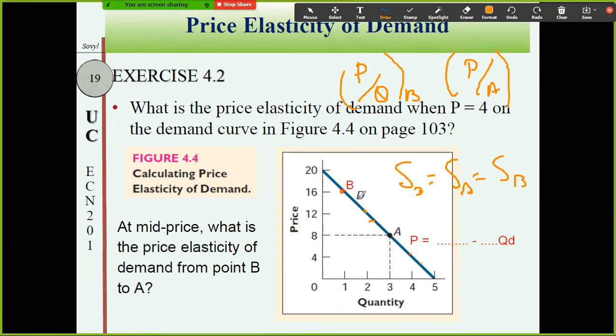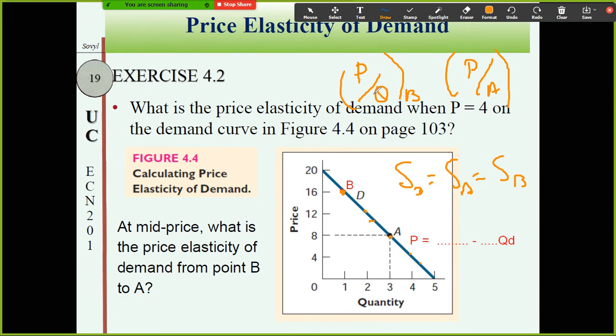Okay, P over Q for A, P over Q for B. Which one is bigger? When we move down along the curve, P over Q becomes smaller.